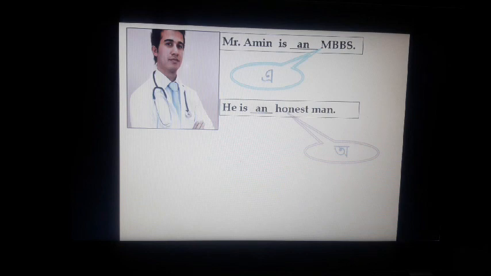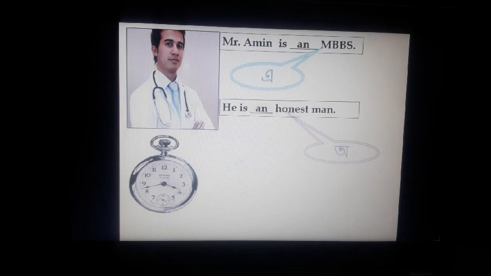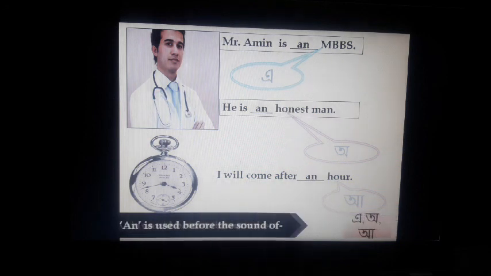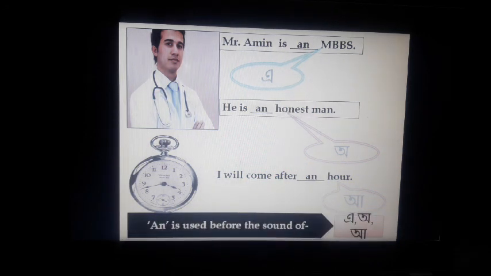That's why we have to use an before this type of word. And look, the third sentence, all will come after our. Then we have to use an because of the same rule. H is silent. An is used before the sound of a vowel.